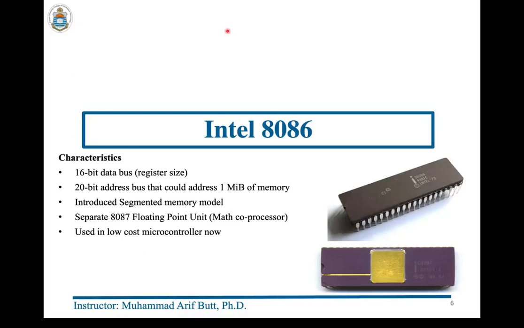Okay, so now let's move on to 8086, which is the foundation of all Intel's future x86 architecture. It was launched in 1978 and was a processor with 16-bit data bus and 20-bit address bus.